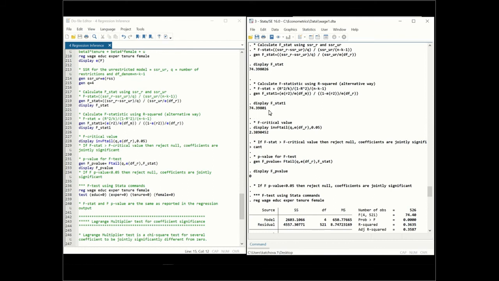And if we display this F statistic 1, this is the same number as this one. And this is, again, because if you look here, the sum of squares for the restricted model is actually the same as the sum of squares total for the unrestricted model. So once you plug in this value and you do the calculations here, this is how we get to this formula.